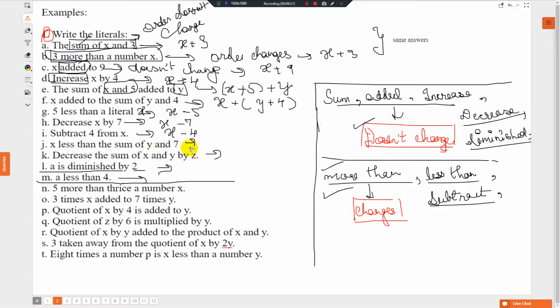x less than the sum of y and 7. When less than comes, always the opposite. So sum means bracket y plus 7, minus x.